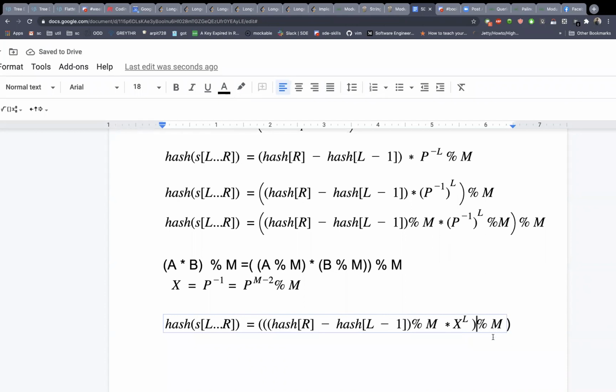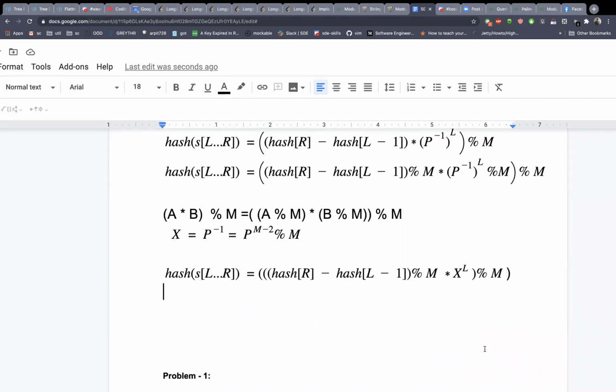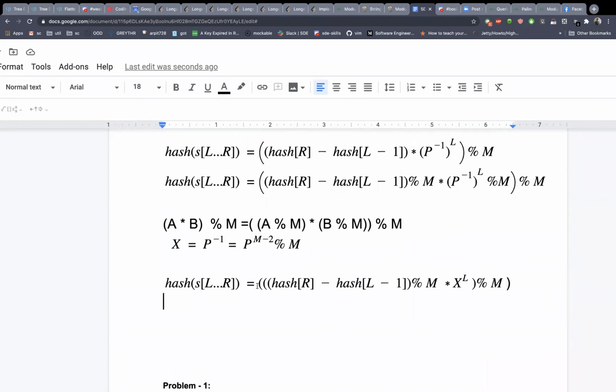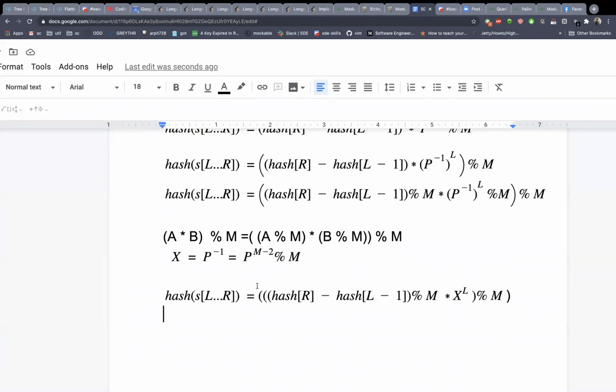Yeah, I think that should be clear. So is it clear now? Yeah, this formula is clear, but in what you highlighted previously, how is p minus 1 equal to p power m minus 2 mod m? I am sorry. Still. Okay, I think that is on the top. We have discussed.